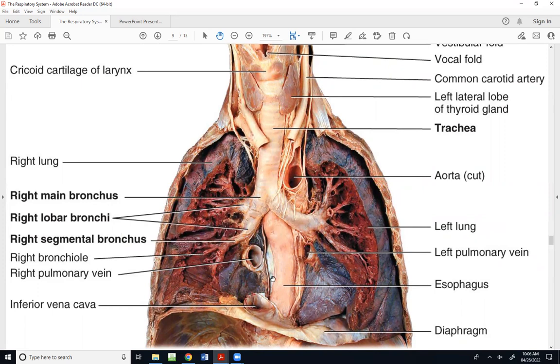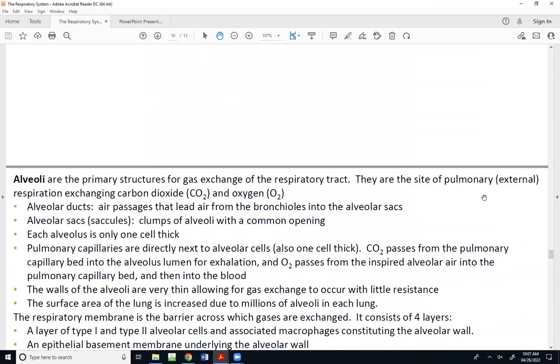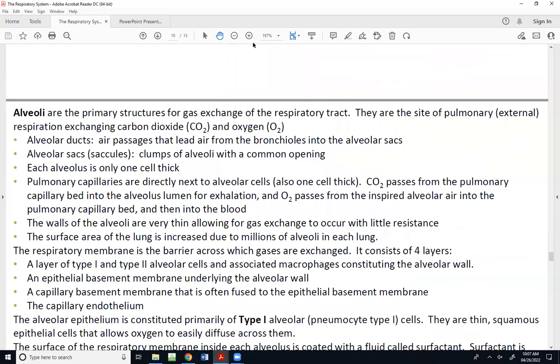We can see the esophagus, which we'll get into in our next lecture. We can see the lungs are labeled. Keep in mind though, the front part of the lungs has been removed, so we can see these interior structures, because you wouldn't be able to see them if the lungs were there. We'll get into the lungs a little bit more here in just a minute.